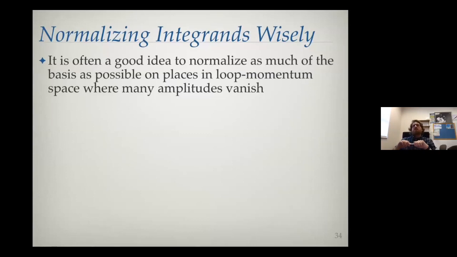Suppose you followed what I just said over the last 20 minutes or so, and you constructed an integrand basis for n equals 4 amplitudes at 3 loops, and you wanted to somehow now represent an amplitude. Well, if you constructed them literally the way that we just did, you start off with this very large vector space, then you project off of it, giving you these pretty much random numerators.